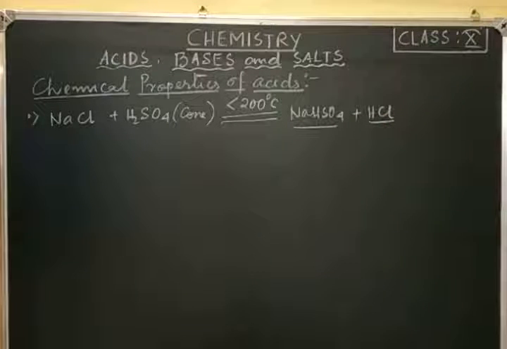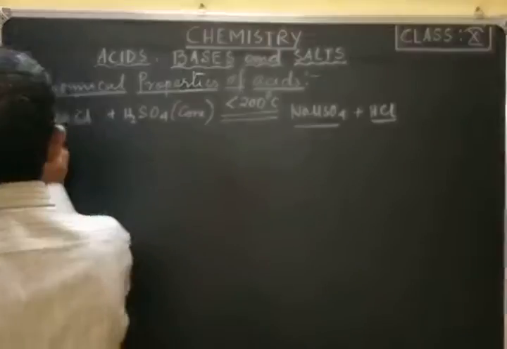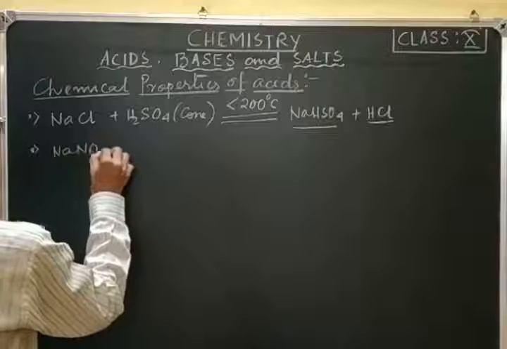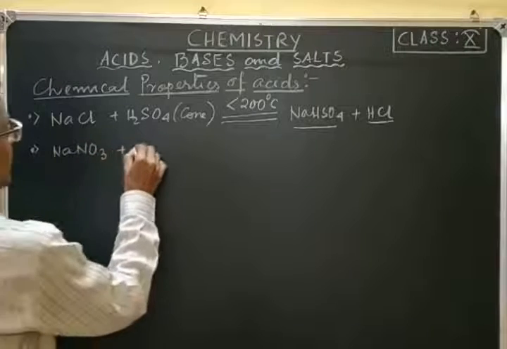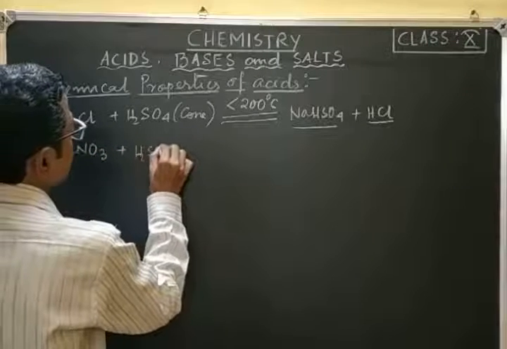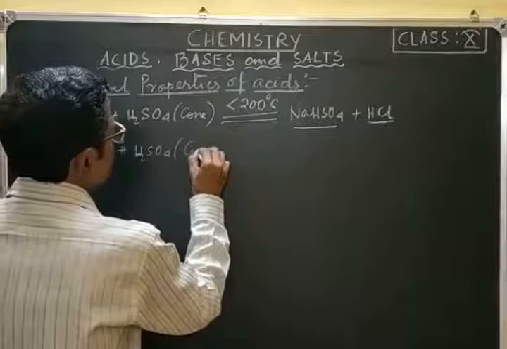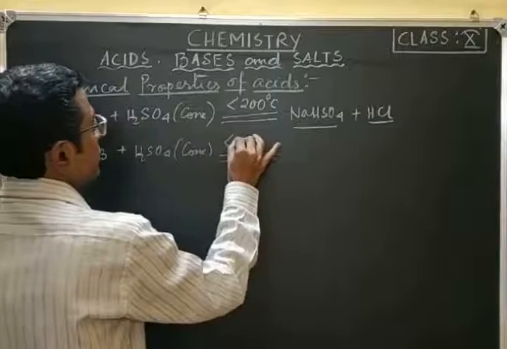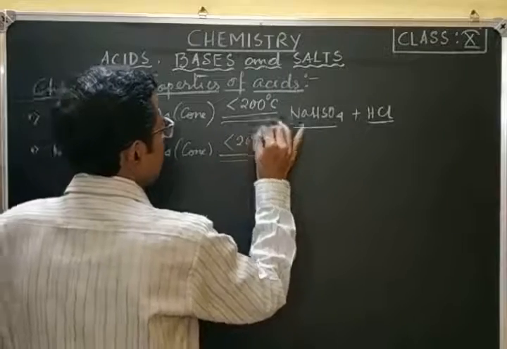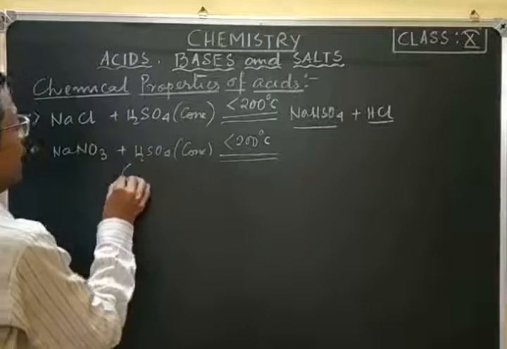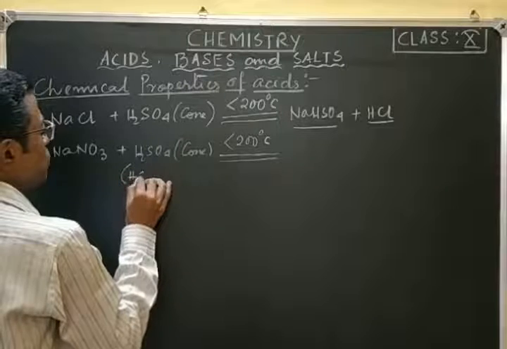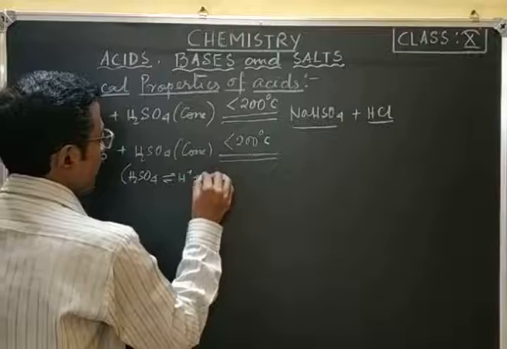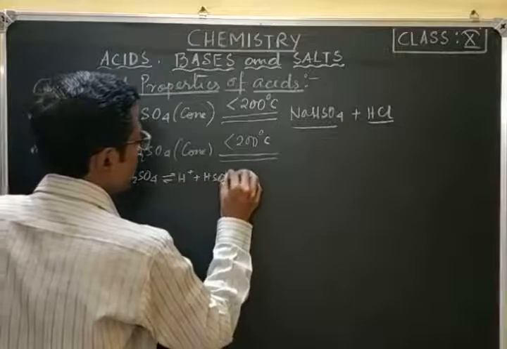Now take a second example, sodium nitrate, NaNO3. If this reacts with concentrated H2SO4, again the reaction is taking place below 200 degrees Celsius, so this is partial decomposition. I have shown you H2SO4 dissociates like this: H plus and HSO4 minus.